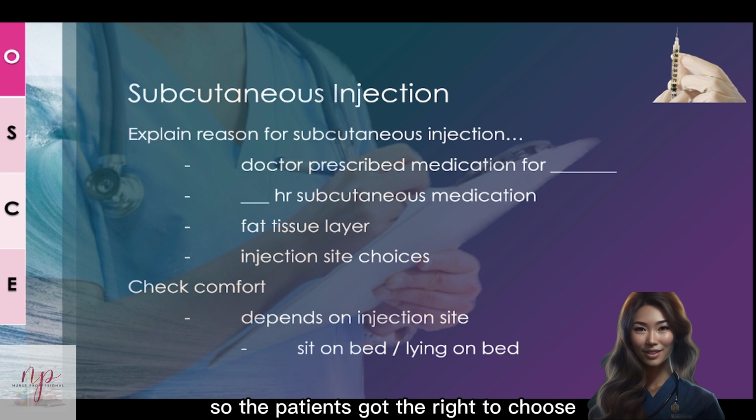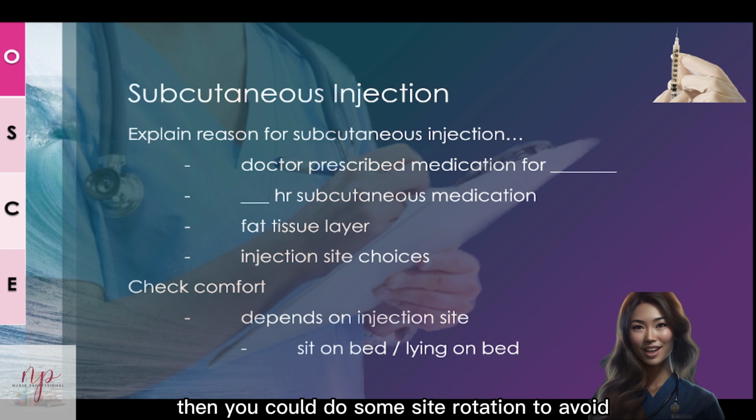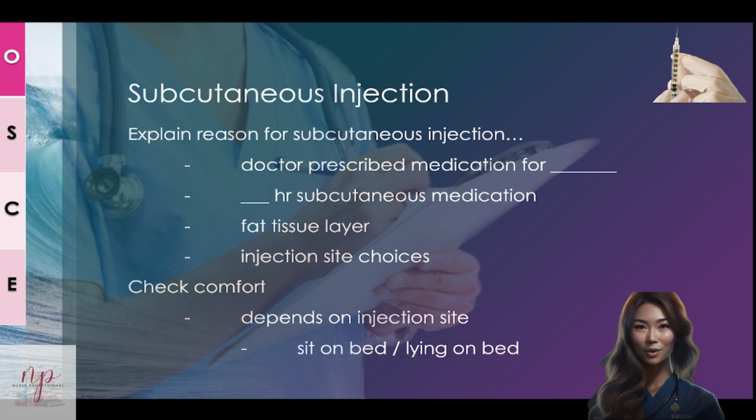So the patients have the right to choose. And also you can ask the area where the patient received the medication last time. Then you could do some site rotation to avoid the medication being given at the same area. And then you need to check comfort. You need to ensure the patient is comfortable with this position.